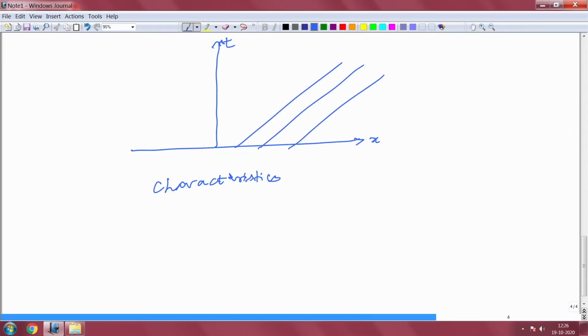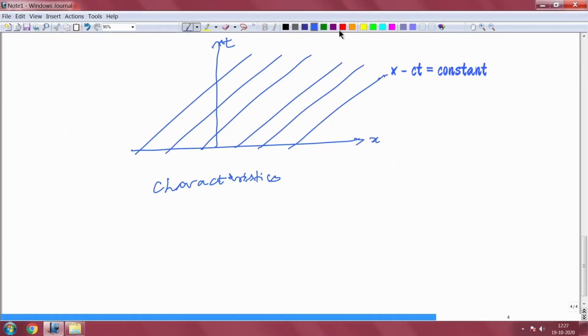So, this is x minus c t equal to constants, one family of characteristics, and let me use a different color for the other family, x plus c t equal to constant.